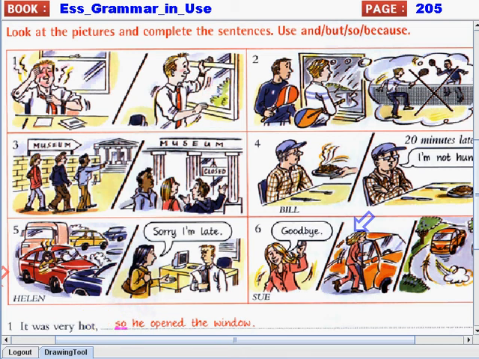Now, you have to remember when and how we use and, but, so, and because. For you to understand this further, if you haven't watched the video yet about the lesson, then you can watch it again. Or I can simply tell you how we use these words.